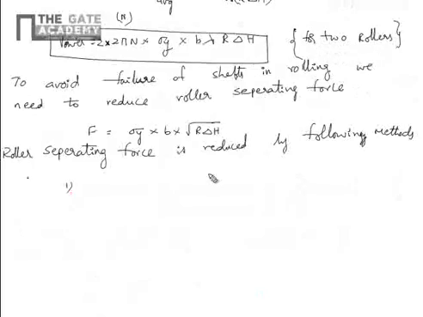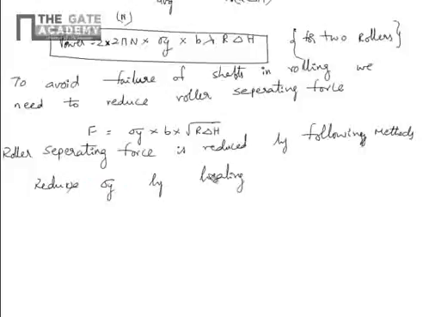First one, reduce the yield stress by heating the strip. The metal strip undergoing the rolling operation, we have to heat it; then the yield stress generated will come down.